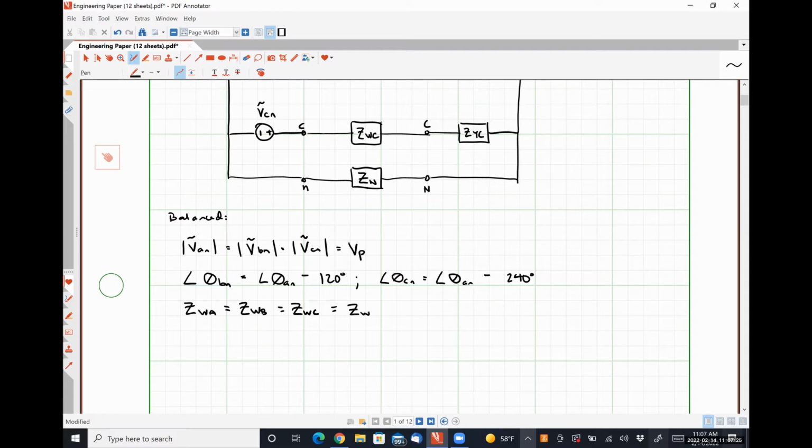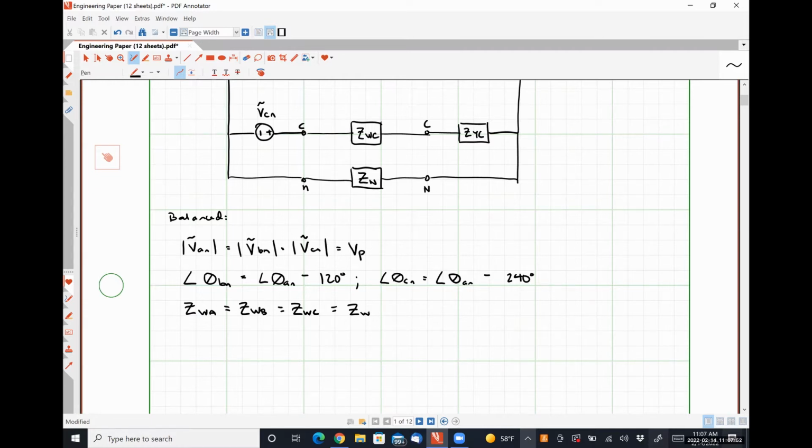Now I want you to notice the impedance of our neutral conductor here is not mentioned. We'll find out why, but for a balanced three-phase system only, the A phase line, B phase line, and C phase line need to have identical impedances in order for our system to be considered balanced.